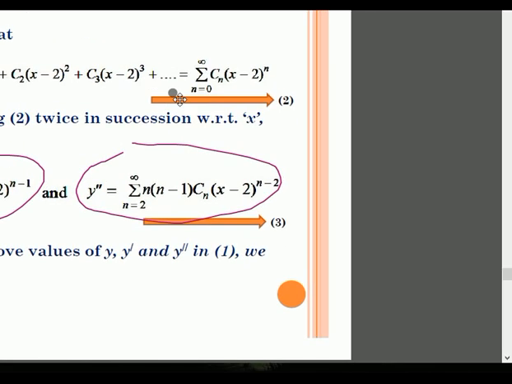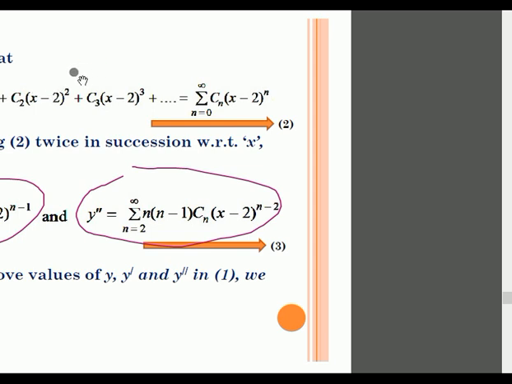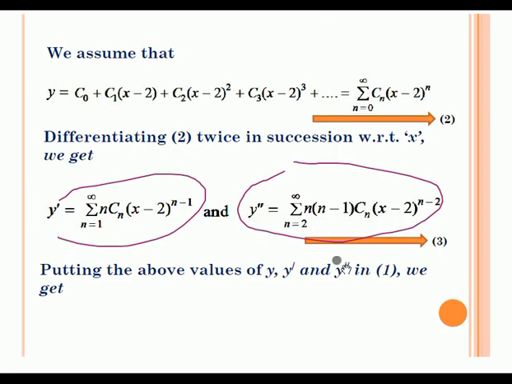Once we know this y, and its first derivative y dash and second derivative y double dash, we back substitute into the given differential equation, and after simple manipulation we get the coefficients C0, C1, C2, C3.